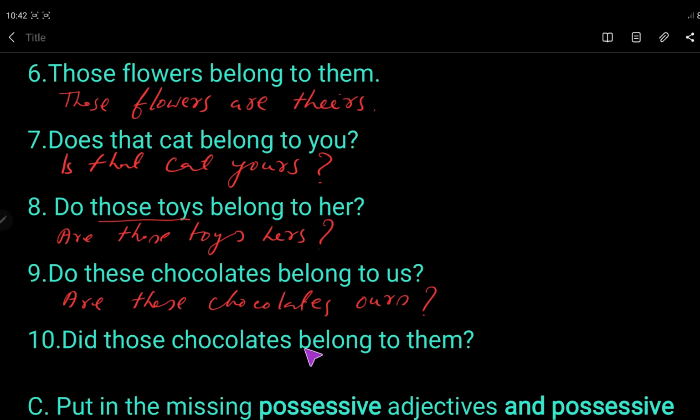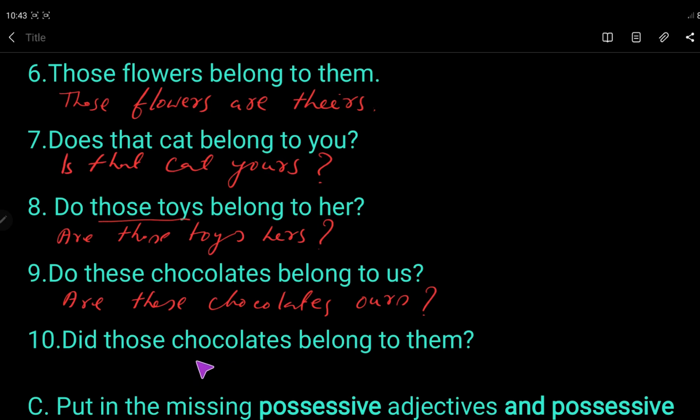Did those chocolates belong to them? Here this sentence is not like the previous sentence in terms of tense. This is written in past tense. We need to use the be verb in past tense. Here those chocolates are plural.